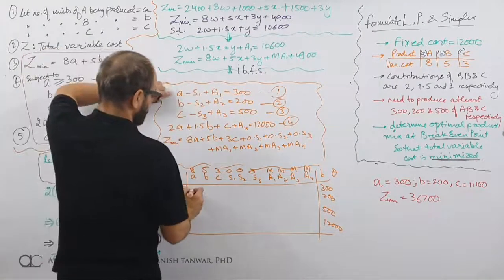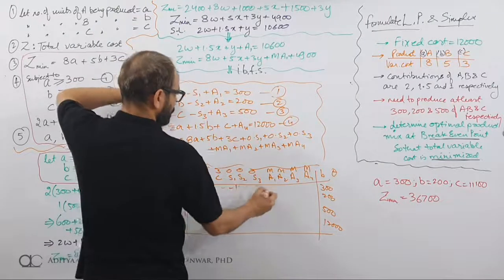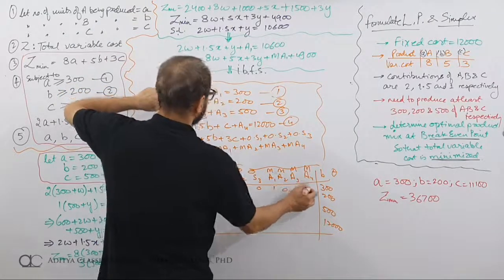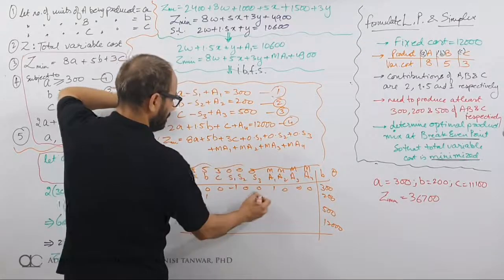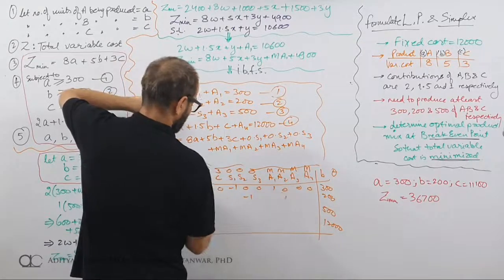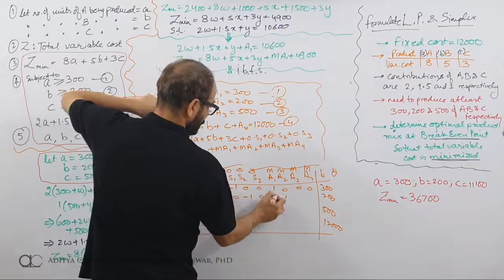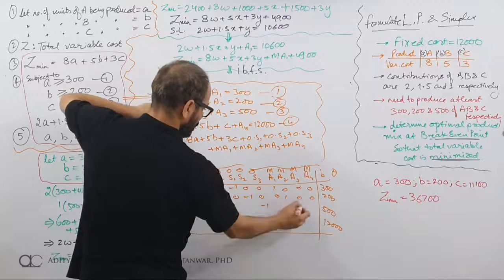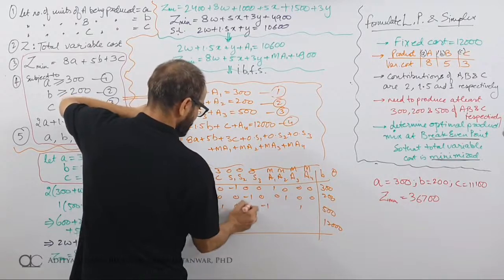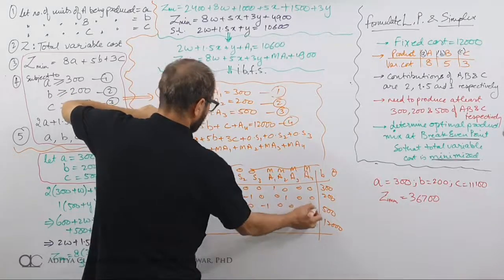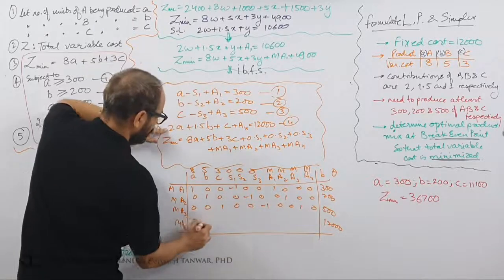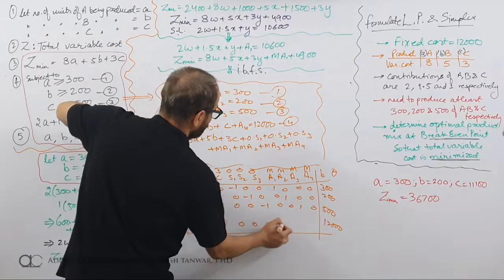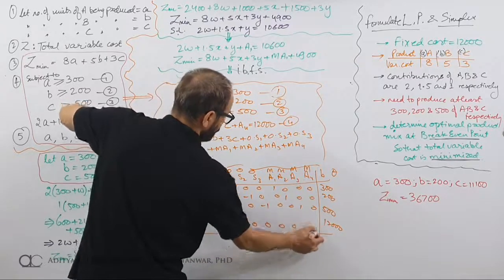First constraint is 1, minus 1, 1, everything else being 0. Second constraint is 1, minus 1, 1, everything else is 0. Third constraint is 1, minus 1, 1, remaining else is 0. And the last constraint would have been 2, 1.5, 1, 0, 0, 0, 0, 0, 0, 1.